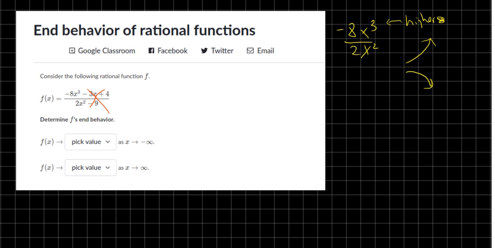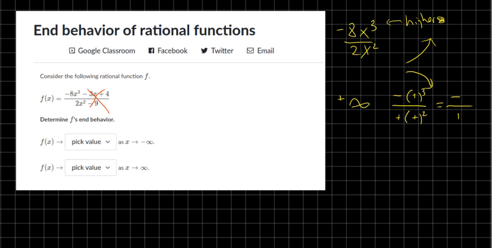In order to figure out diverging up or diverging down, we need to look at the signs. When we go to positive infinity, x to the third is a positive number. A positive number to the third power times a negative number gives us a negative number. In our bottom, we have a positive number squared times 2, which is a positive number.